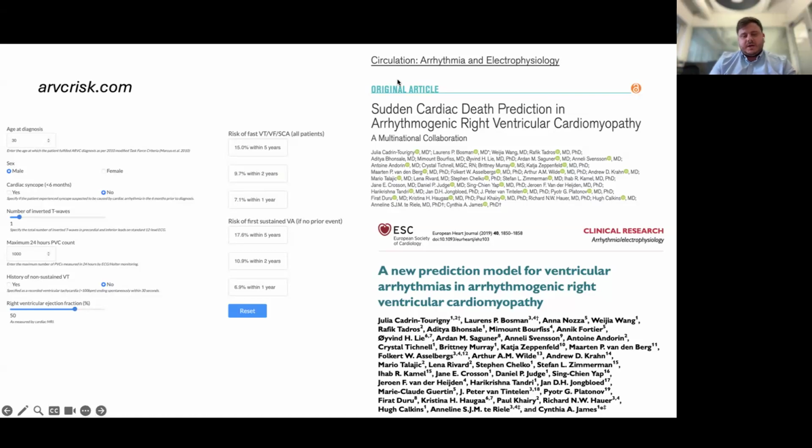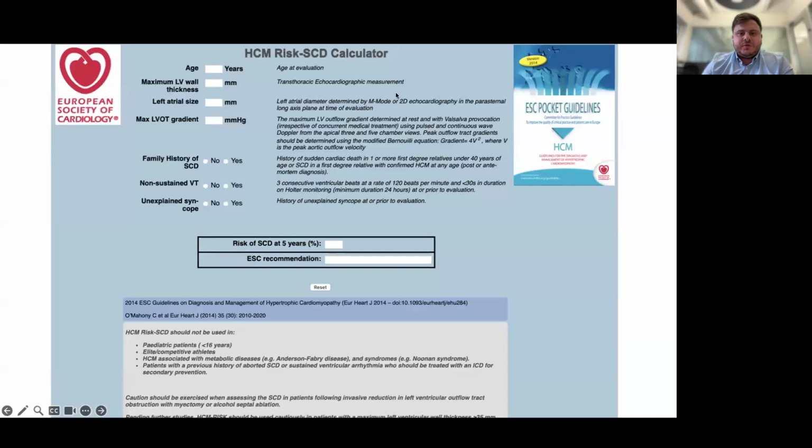In this case, sustained ventricular arrhythmia, for example, at a certain time point. And you can use this in your clinical practice. A more well-known one is the hypertrophic cardiomyopathy risk calculator, that's been out since 2014. And I think most people joining this session might have used that.